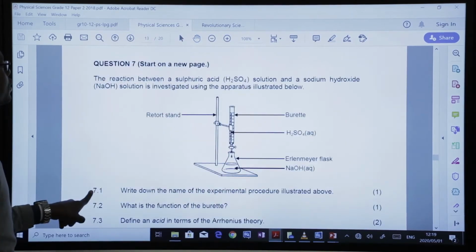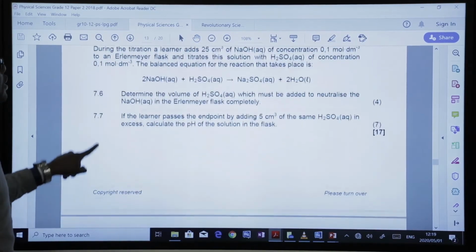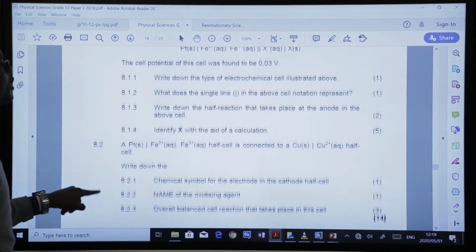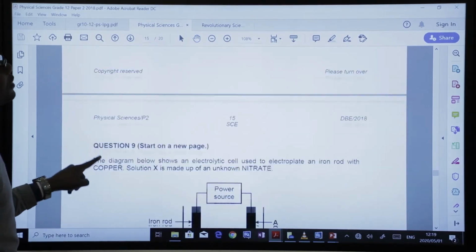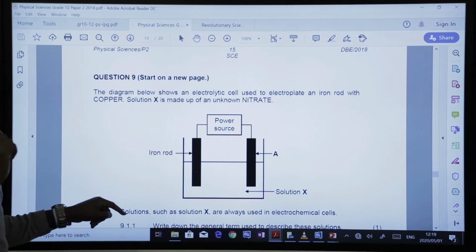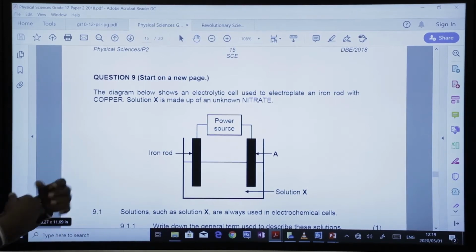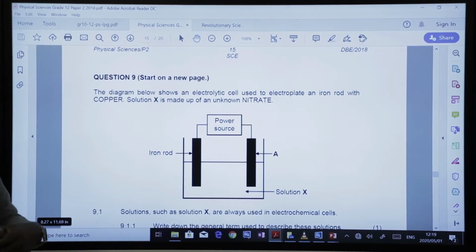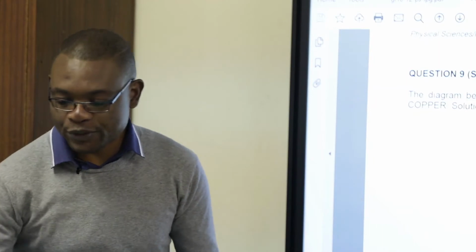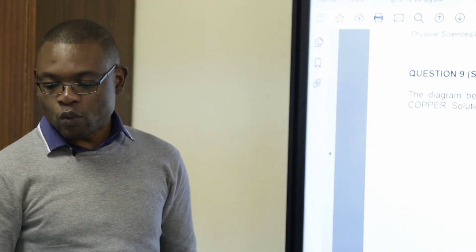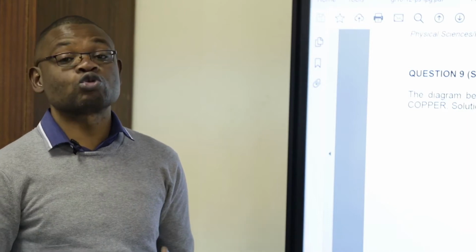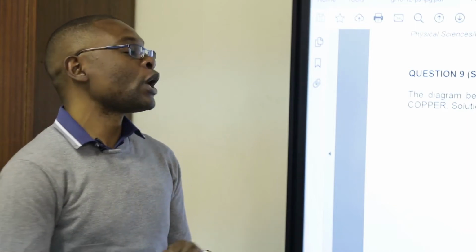okay, this was equilibrium, but I'm saying in an exam of 150, 25 marks are coming from a single concept like electrochemistry or chemical equilibrium. It is very important for you to go into the exam well prepared, well equipped with background information that will help you to answer those questions as they come.